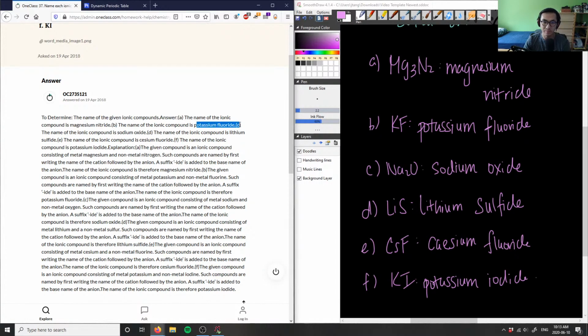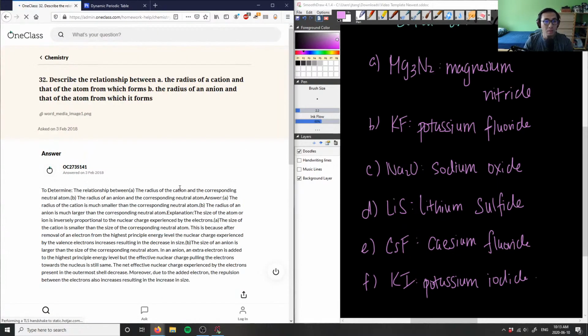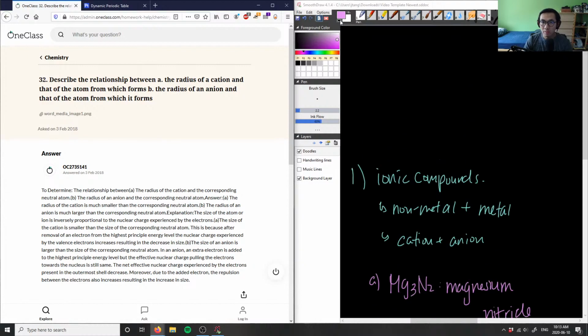B here is potassium fluoride. C is sodium oxide. D is lithium sulfide. E is cesium fluoride. And F here is potassium iodide. So this solution here is correct. All right, that's number 1.